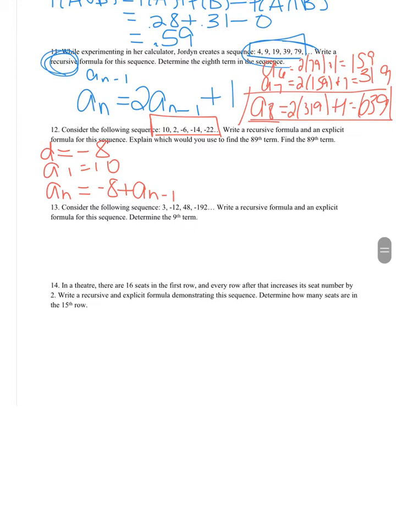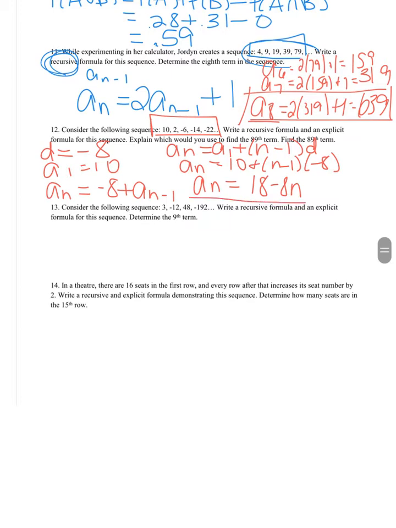For this one, it's actually on your reference sheet. So you have A sub n is equal to A sub 1 plus, in parentheses, n minus 1 times d. So here, A sub n is equal to 10 plus n minus 1 times negative 8. If you clean everything up, this becomes positive 8, so A sub n equals 18 minus 8n. This is your explicit. So explain which you would use to find the 89th term.